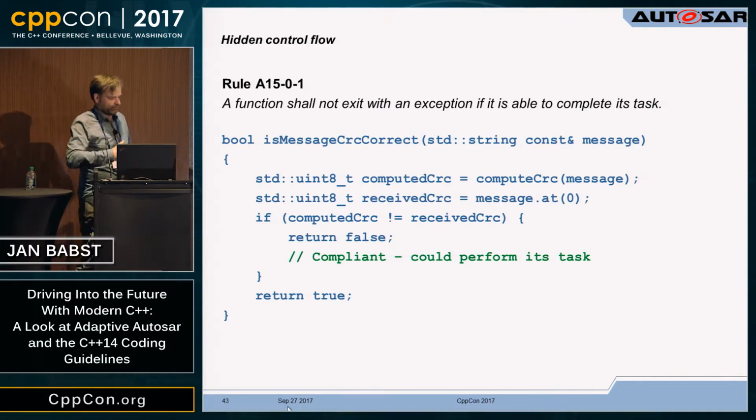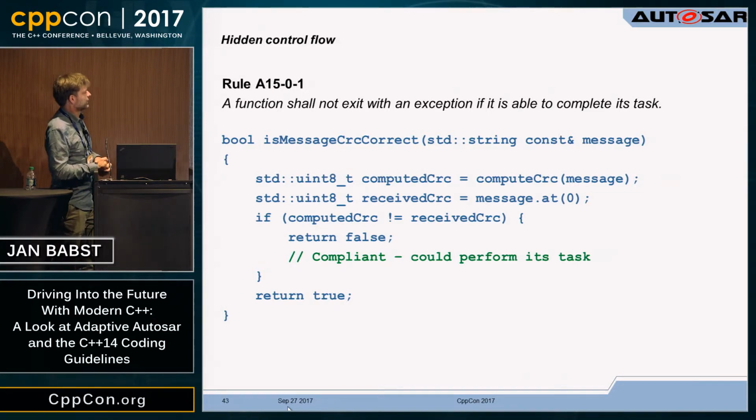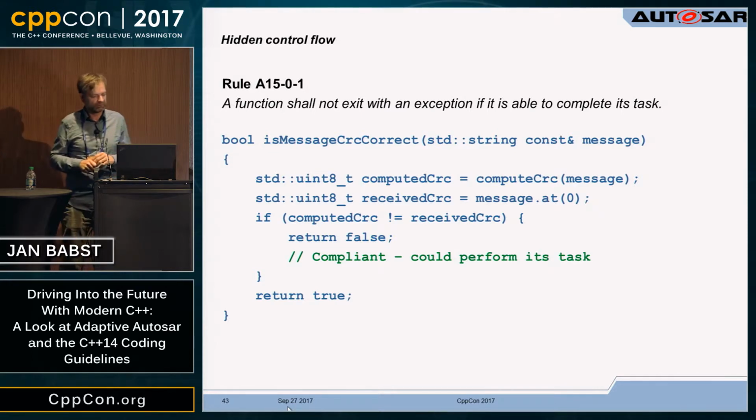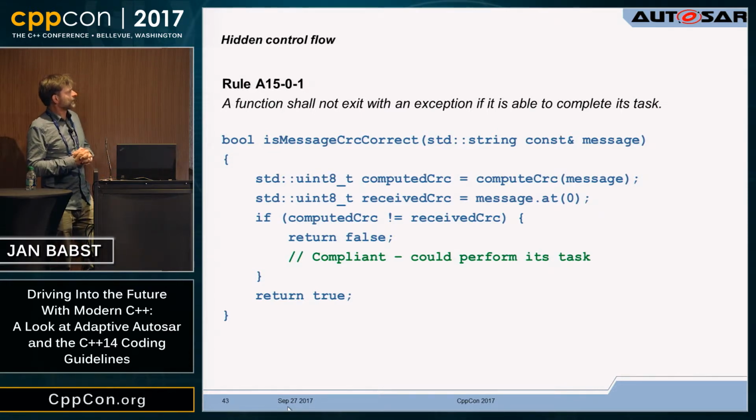Instead, it should just return a value. Which doesn't mean that this function should never throw an exception, but when it completes its task, it should not throw an exception. It could still throw an exception.